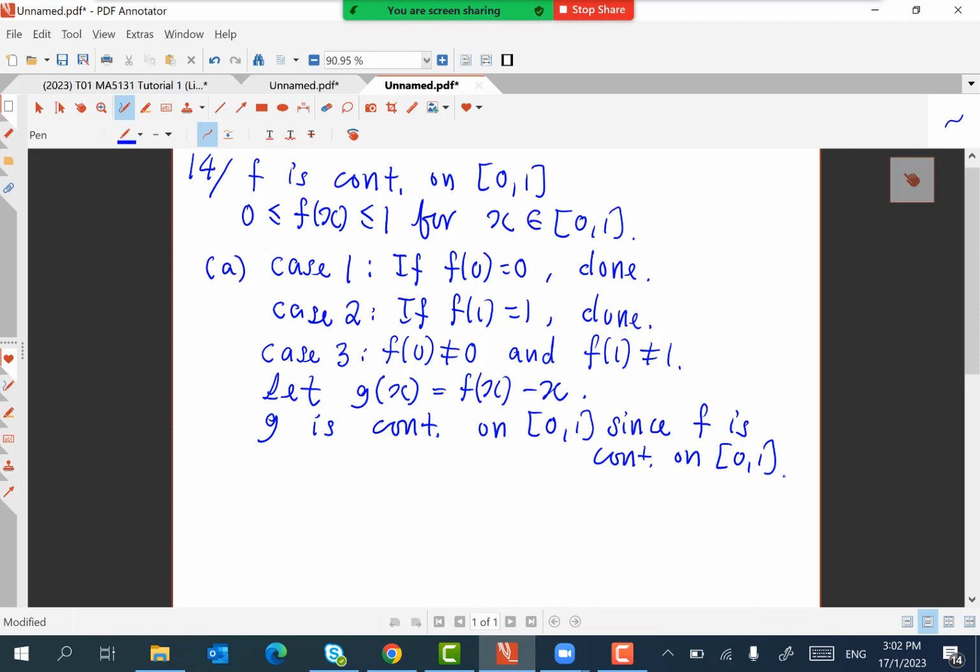So we want to establish that g is first and foremost continuous on the closed interval, because the function f is also, and the function x is like a polynomial, so it will certainly be continuous.